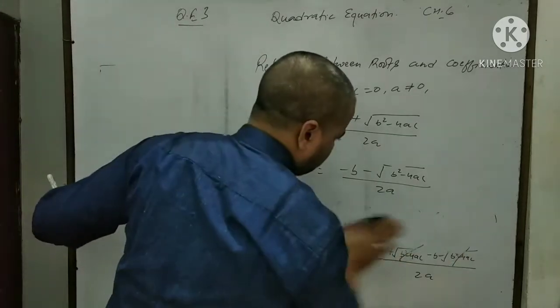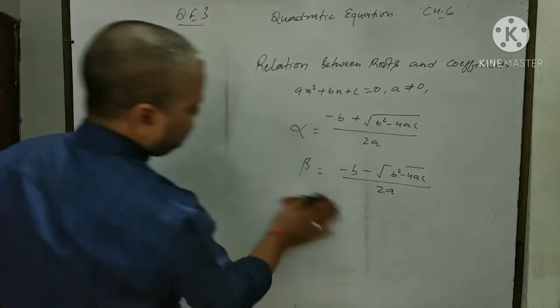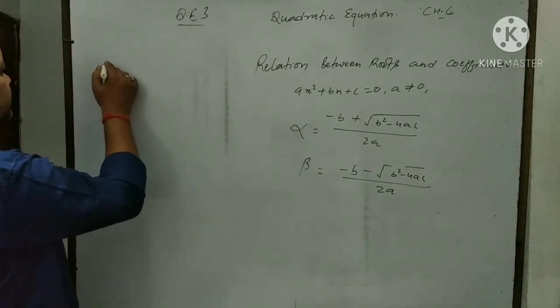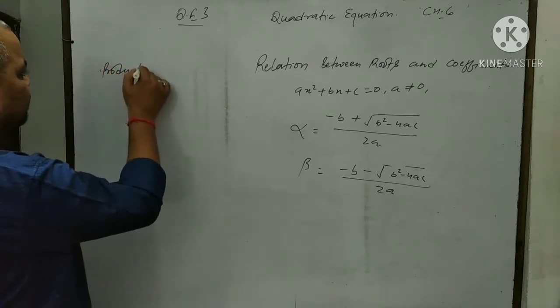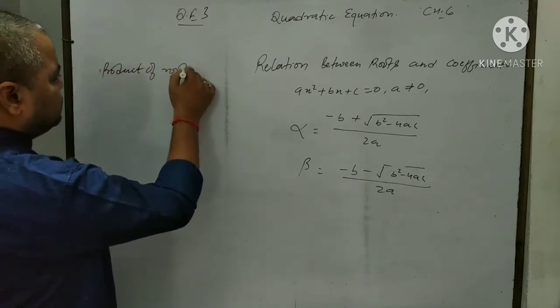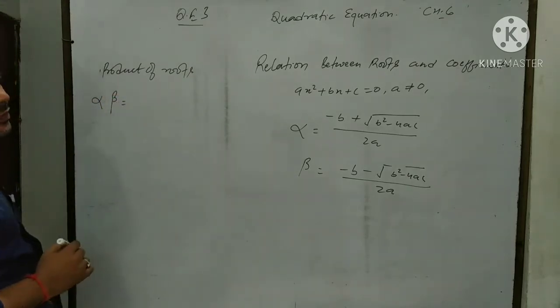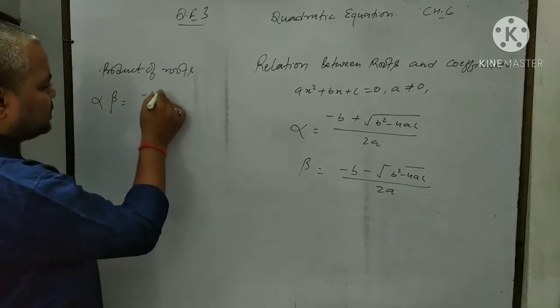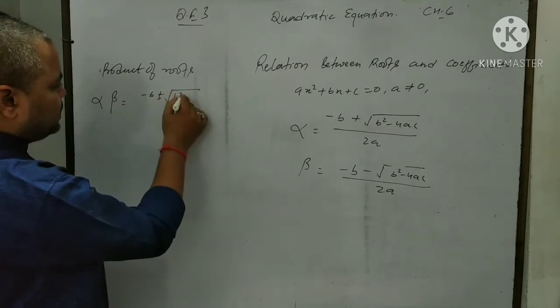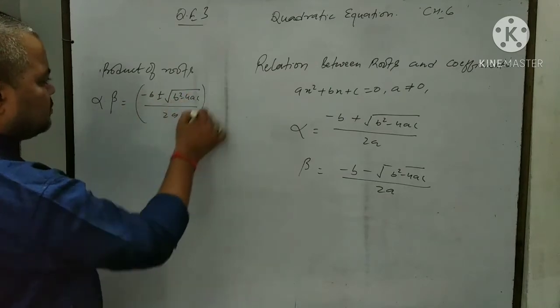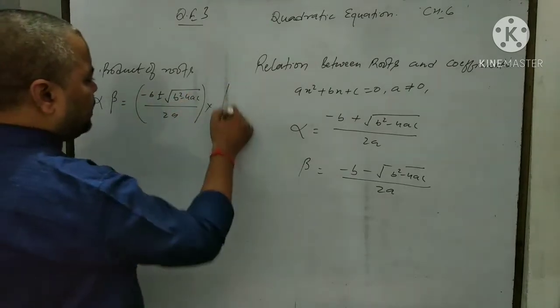Product of roots, that is alpha into beta. Alpha into beta means minus b plus minus under root b square minus 4ac by 2a, into minus b.